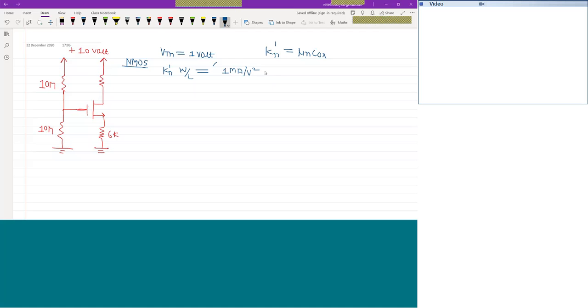और क्या दिया है? Okay, fine. All resistances are given, so I can say this resistance is equivalent to 6 kilo ohm. This resistance RS is equivalent to 6 kilo ohm.